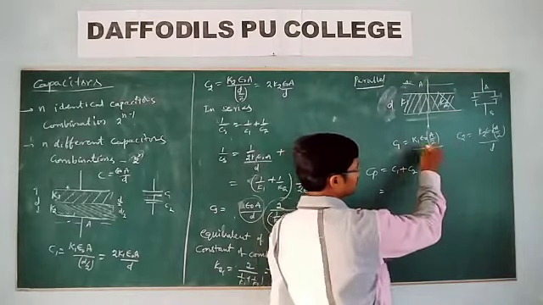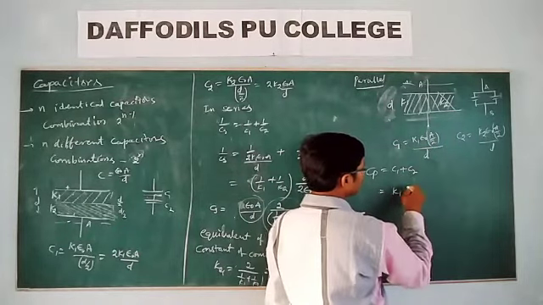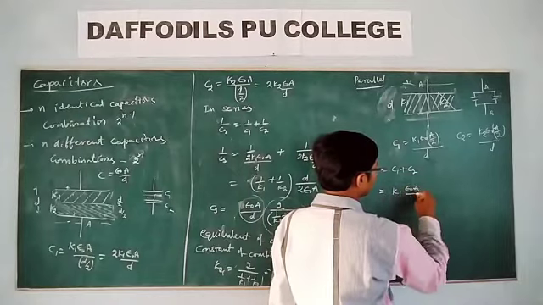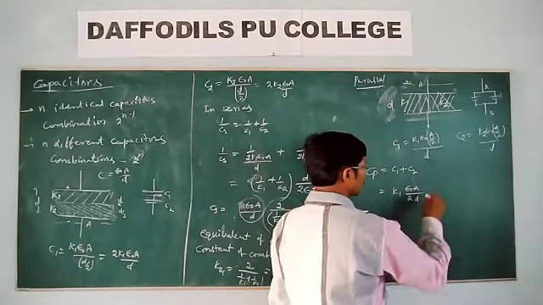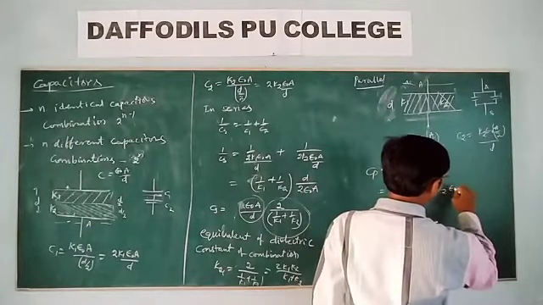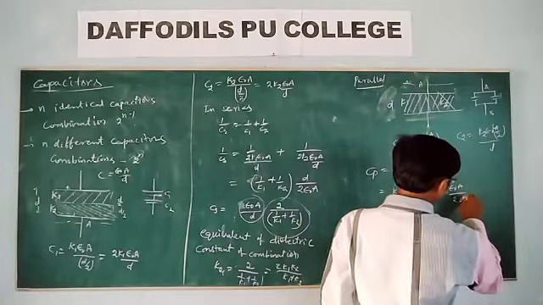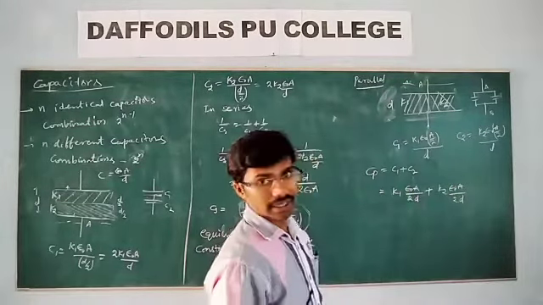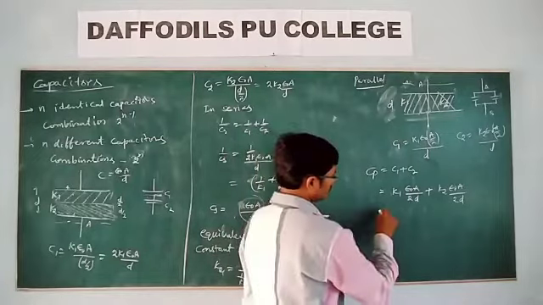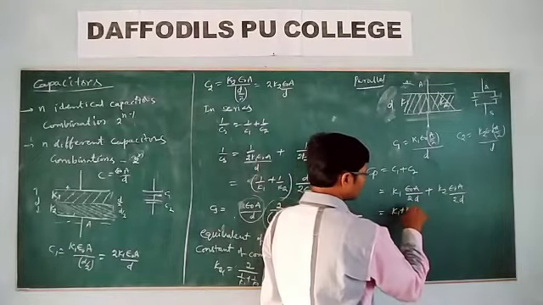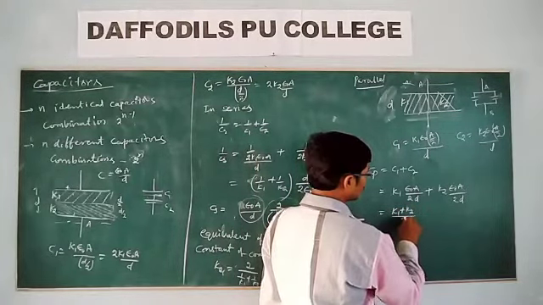So Cp is K1 epsilon naught A by 2D plus K2 epsilon naught A by 2D. Now epsilon naught A by D can be taken common, leaving K1 plus K2 by 2.